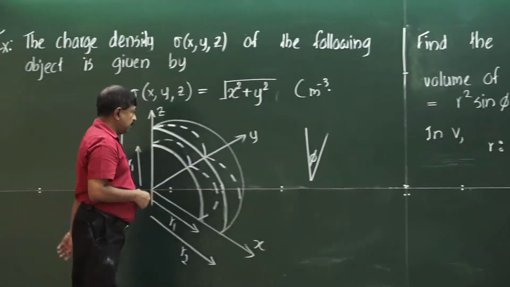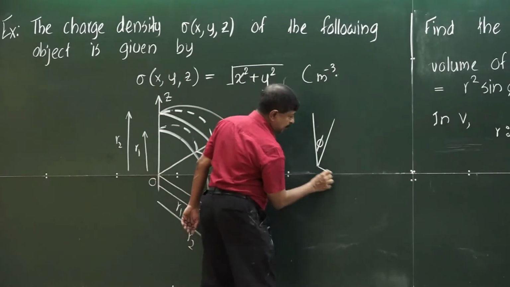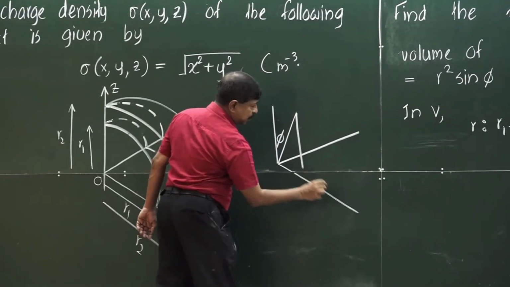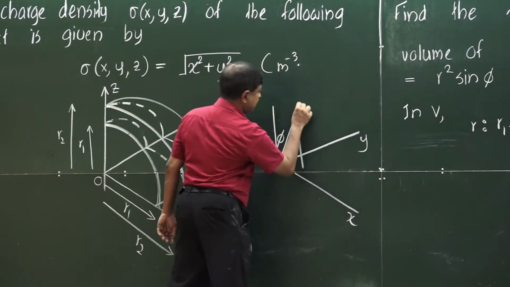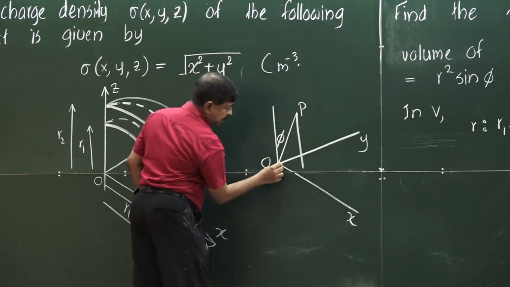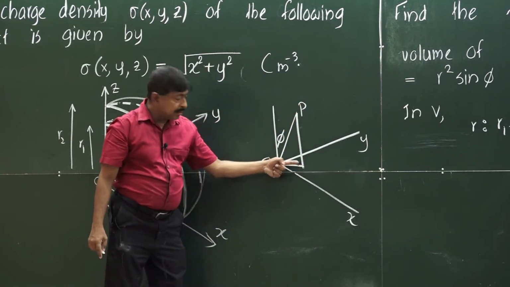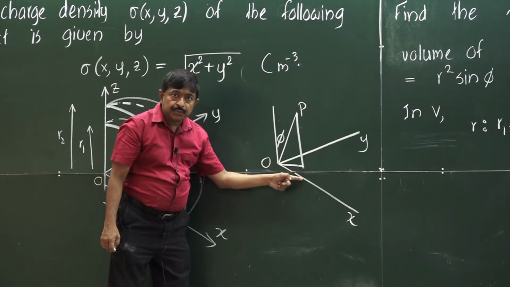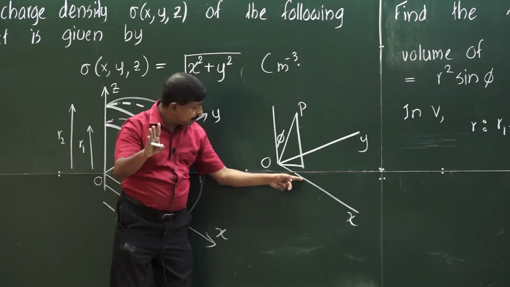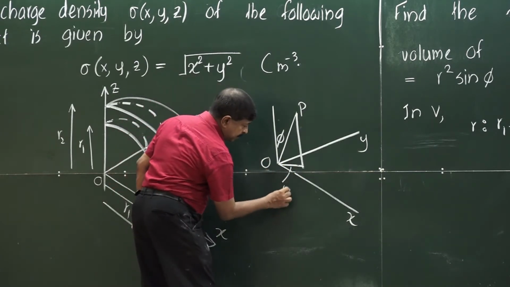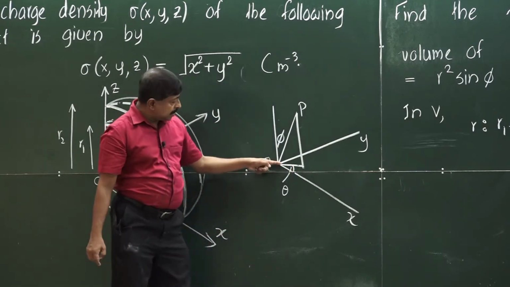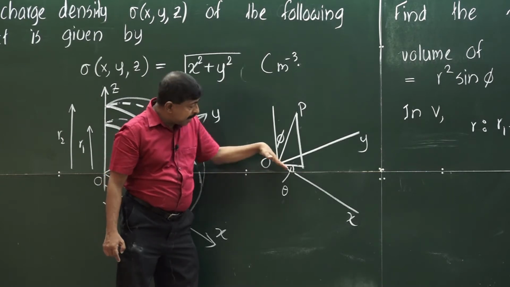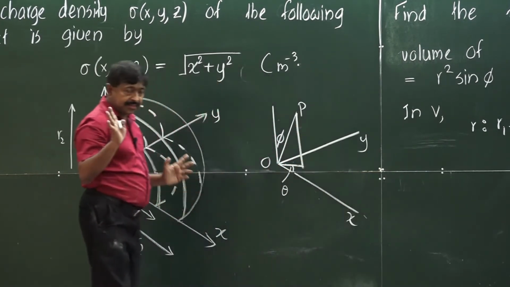Now, theta is this. When you project this onto the xy plane, the angle between the line of projection and the positive direction of the x axis is theta.